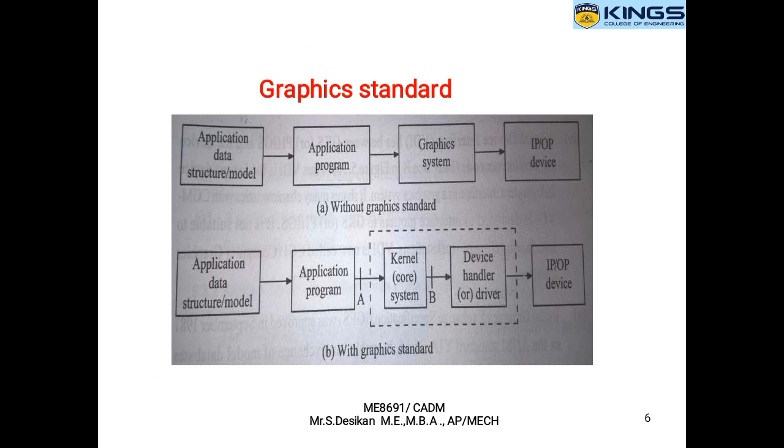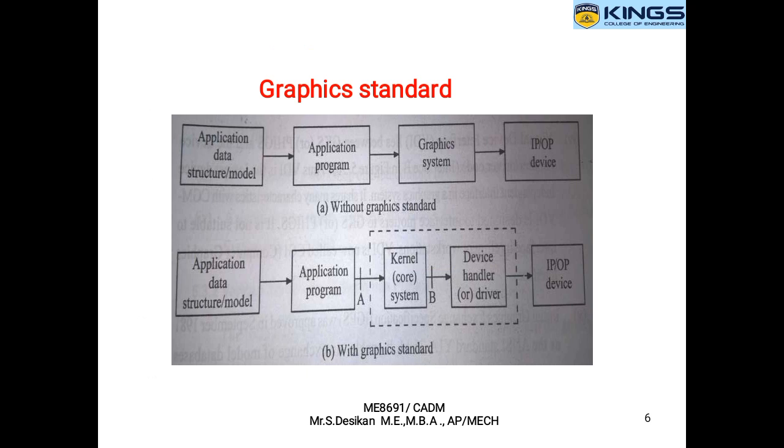The next one is the graphic standard diagram, with and without graphic standard. This is the schematic diagram of how the data is processed in the computer with and without graphic standard. First, the application data is sent to the application program. From the application program it goes through the graphical system and then to the input output device. This is the data transfer without graphic standard.